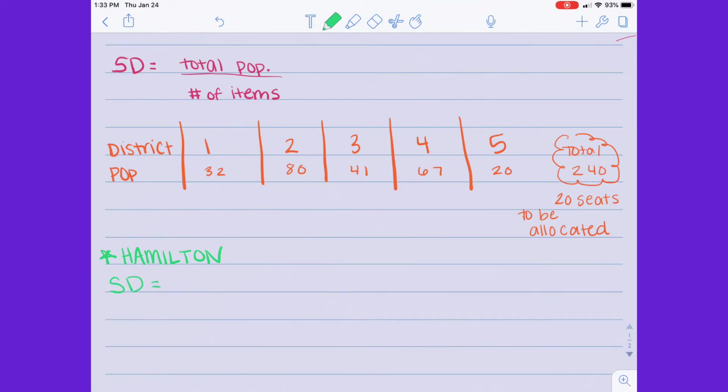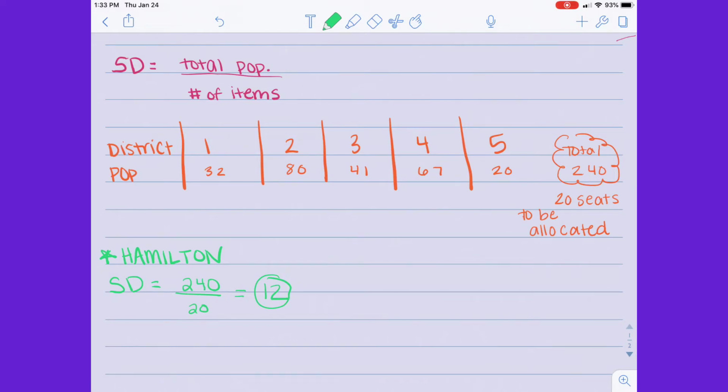I'm going to take the total population, which in this case is 240, and divide it by the number of items that I have. In this case, we're talking seats, and we have 20 of them. So 240 divided by 20 gives us a standard divisor value of 12.